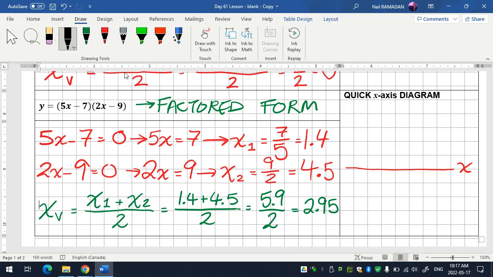So 4.5 is, let's say, here. 1.4 is right here. And somewhere in the middle, pinpoint the vertex. I'm going to say maybe here. There we go. 2.95.